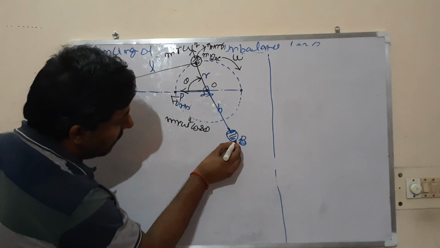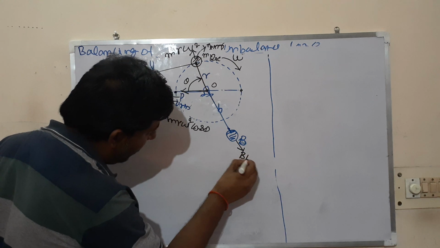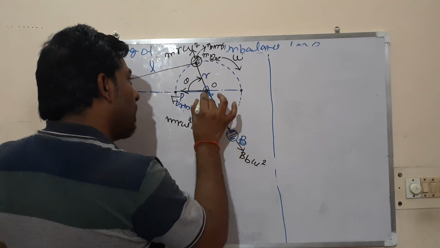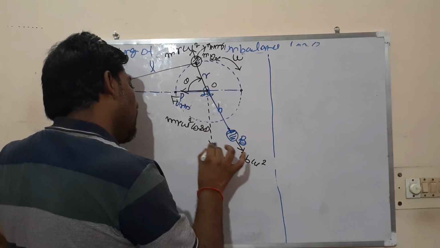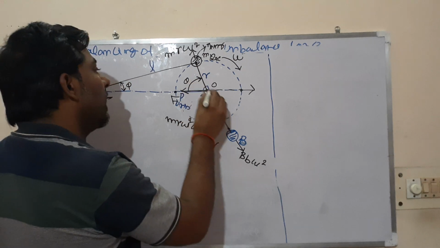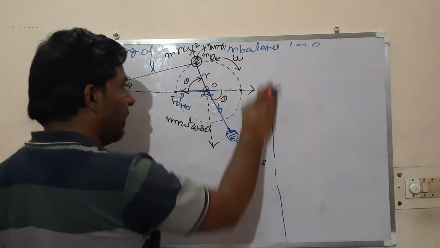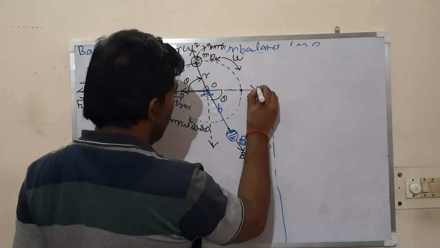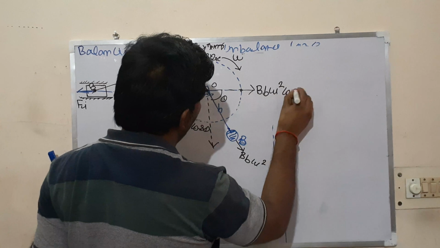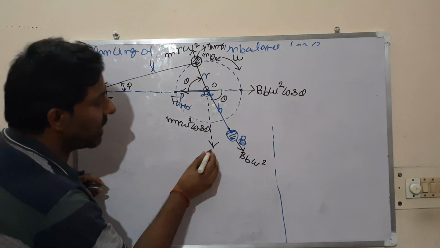Then the centrifugal force on this will be capital B small b omega square. Let us resolve this component along this direction and along this direction. If this angle is theta, then the component along this will be B b omega square cos theta, and the other will be B b omega square sin theta.